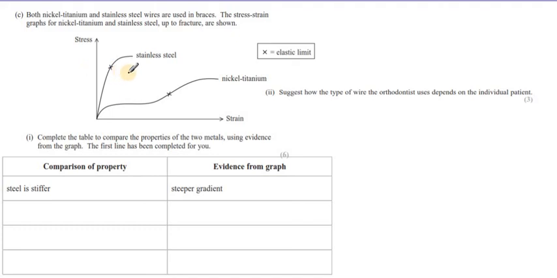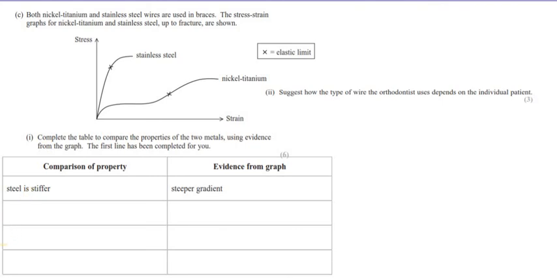Or you can say that stainless steel is less ductile, or it's better to say that nickel titanium is ductile, because it has a large plastic deformation, and a large area under the graph shows that nickel titanium is a tougher material than the steel.